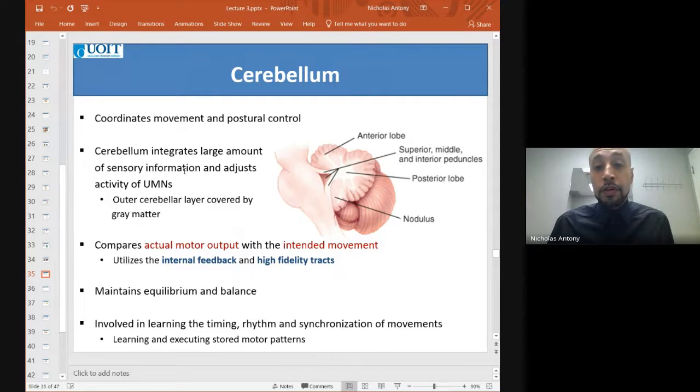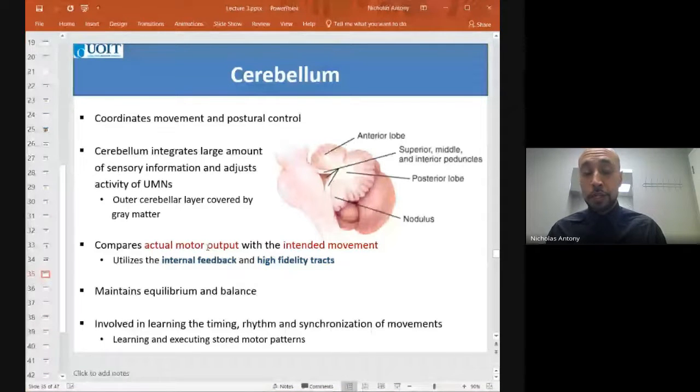Now let's talk about the cerebellum, because the cerebellum is also a regulatory center. If the basal ganglia is a way to inhibit unwanted movements, the cerebellum is heavily important for this course because this is the area where we learn coordination. It is heavily responsible for coordinating movement as well as postural control. Now, we have different cerebellar tracts.